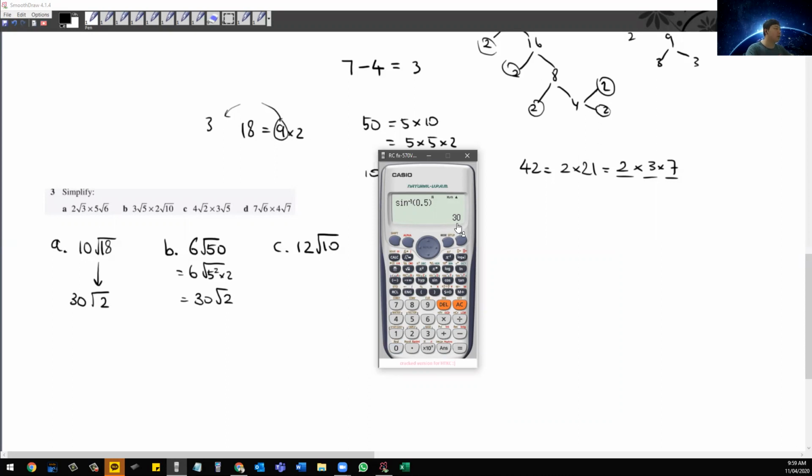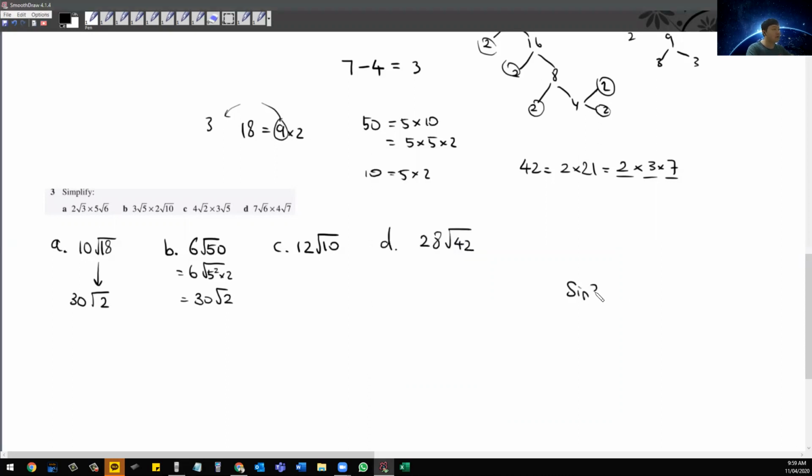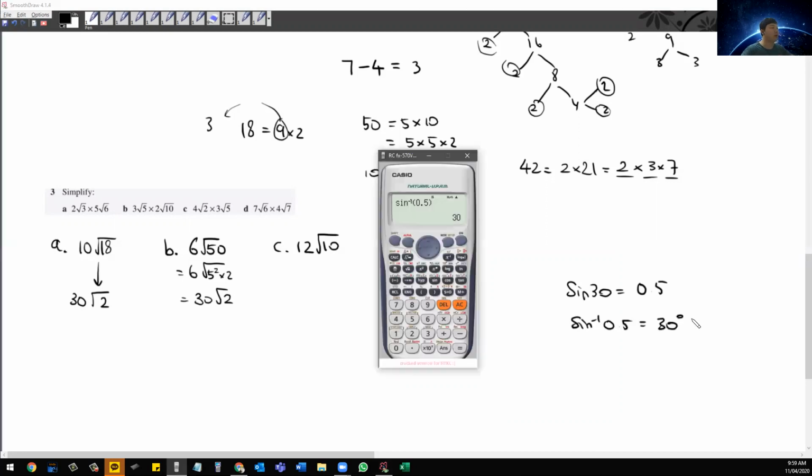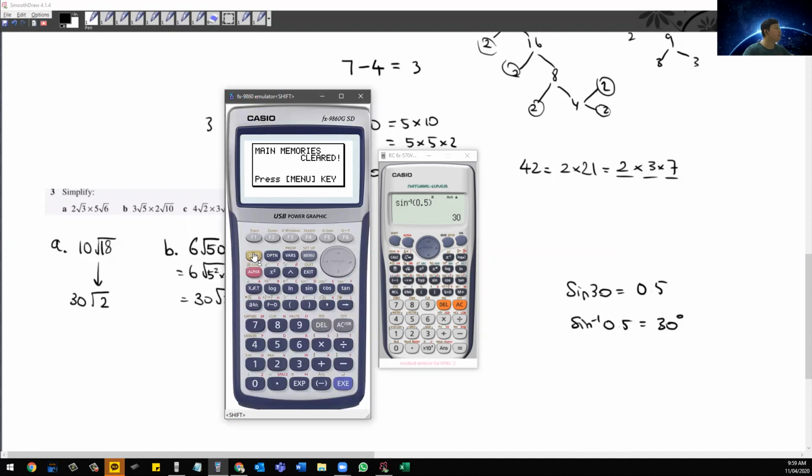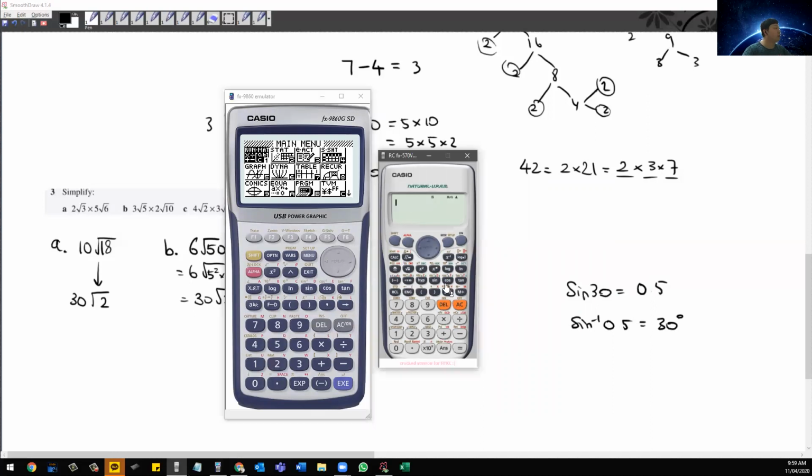What that means is that, if you have sine of 30, then you get 0.5. If you do inverse sine of 0.5, you get 30 degrees, okay? So that makes sense. But if you're using some black calculator, and if you have to do the calculation in degrees, okay? For example, if you do sine of 75, okay?